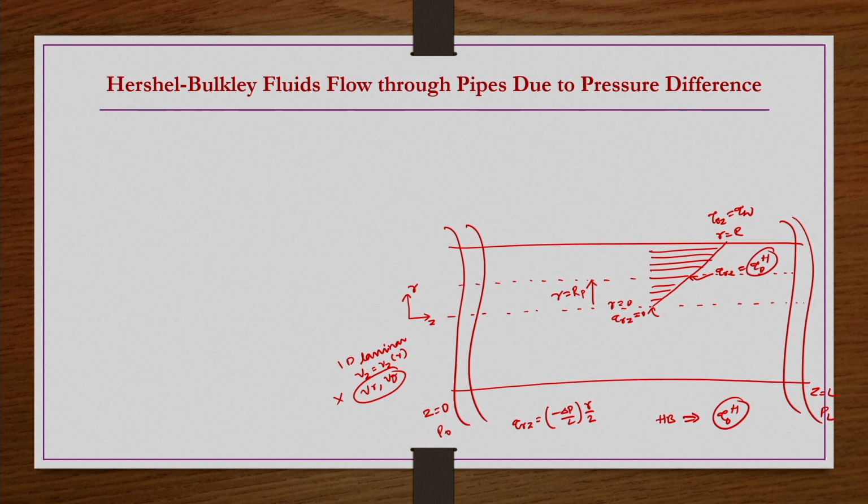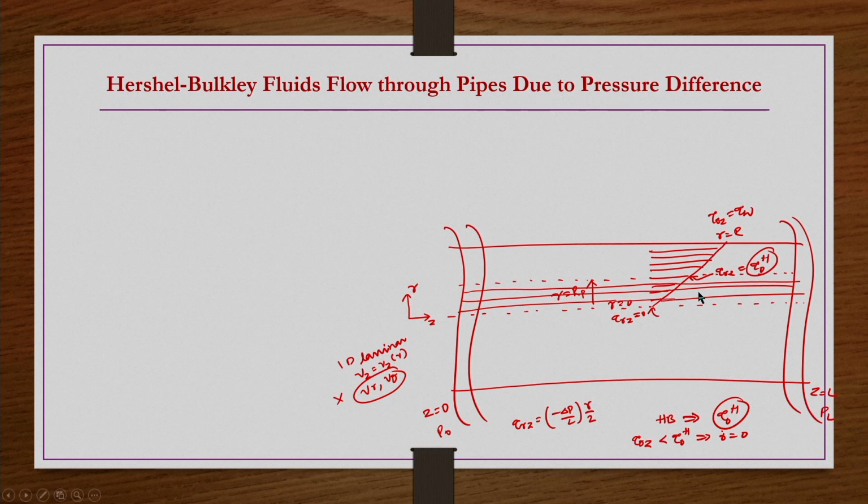What does it mean? For any viscoplastic fluid, the material does not flow as long as the applied stress tau Rz is less than the characteristic yield stress tau naught. Then gamma dot is 0, there is no deformation. If there is no deformation, the material should flow like a solid plug, without any kind of deformation.